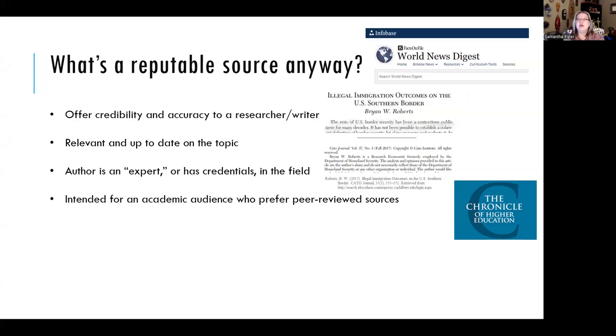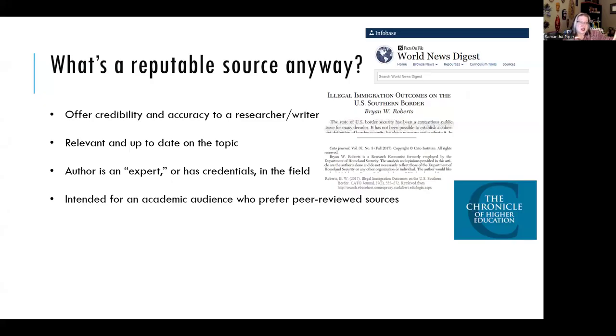So peer-reviewed means that, say I write an article and I submit it to the Chronicle, what they will do is see first, have you written it appropriately, the appropriate format, all that kind of stuff. If I pass all of that review, they are going to send my article to a number of other experts in that field. So I'm an English person.